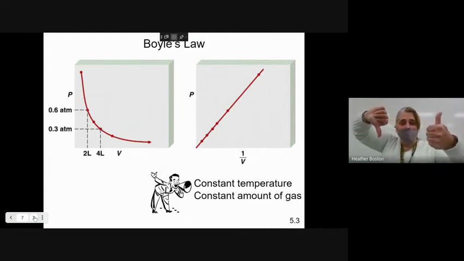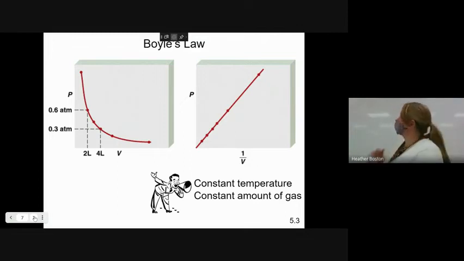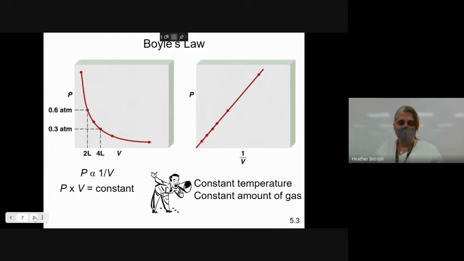This is called an inverse relationship. That means as one goes up, the other goes down. Inverse relationships are multiplied in formulas. So my formula becomes P1V1 equals P2V2. Anytime you have a formula where 2 variables are multiplied by each other, they're inversely related. As one of these changes, the other's going to change also at a constant rate.